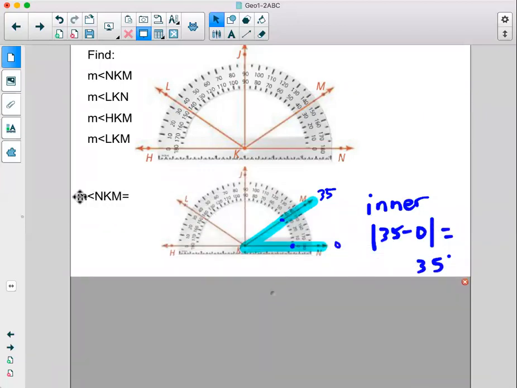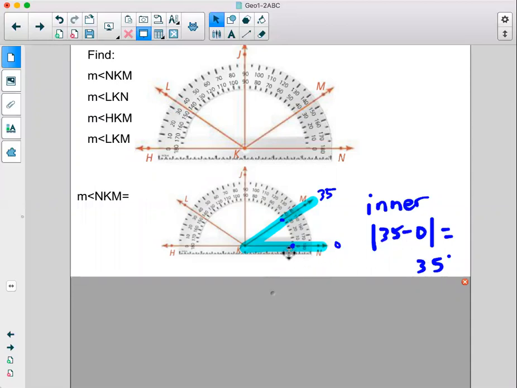If I want to find the measurement of angle NKM, the first thing I would do is use a highlighter to highlight that angle. Angle NKM is the angle that goes through point N, with vertex K, and then goes out through point M. So highlight the angle and then decide, do you want to be on the inner or outer track? Whenever I see a ray line up with 0, I like to choose it because it makes the math much easier.